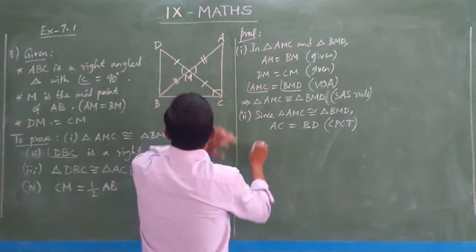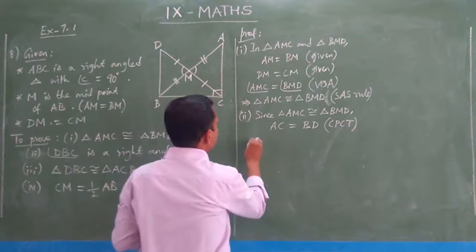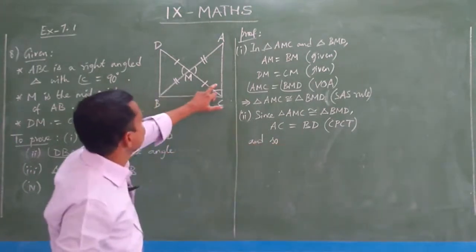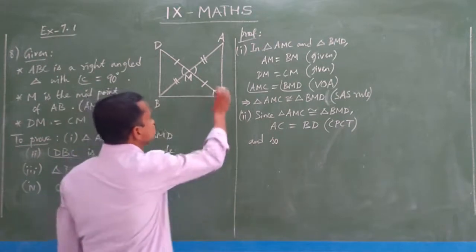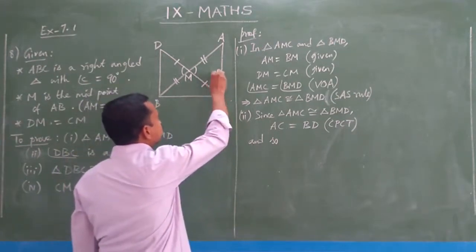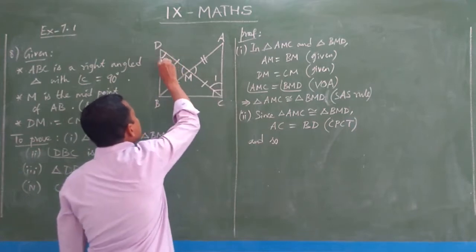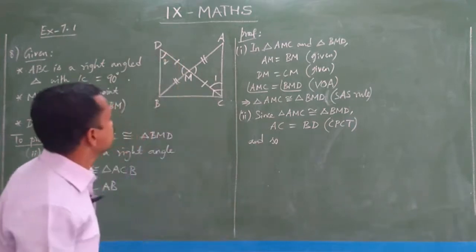For that, these two triangles are congruent. I am naming this angle as 1 and this angle as 2 for your better understanding.